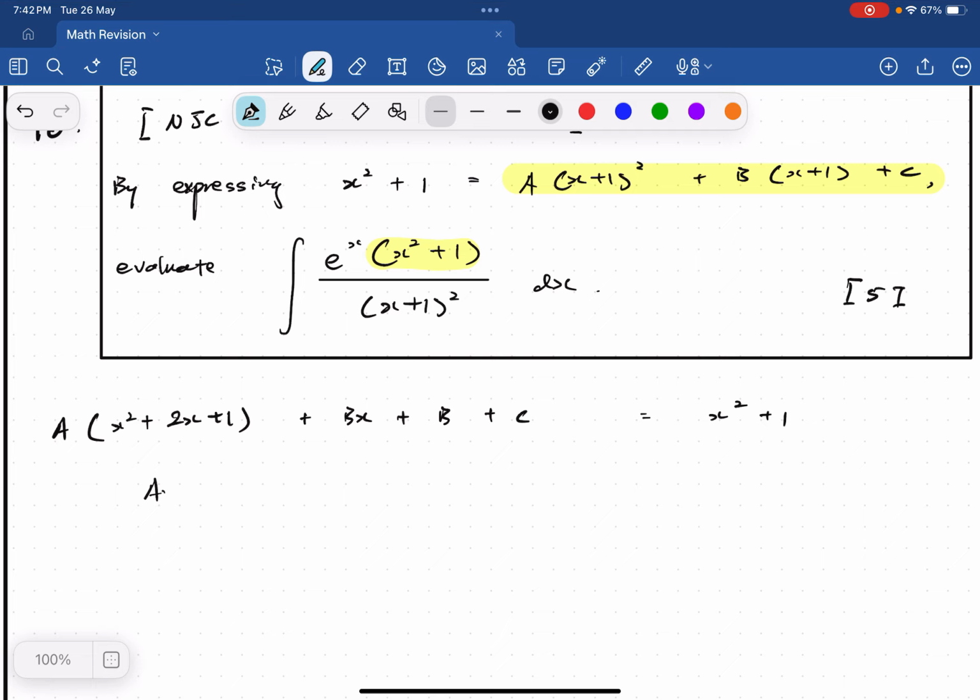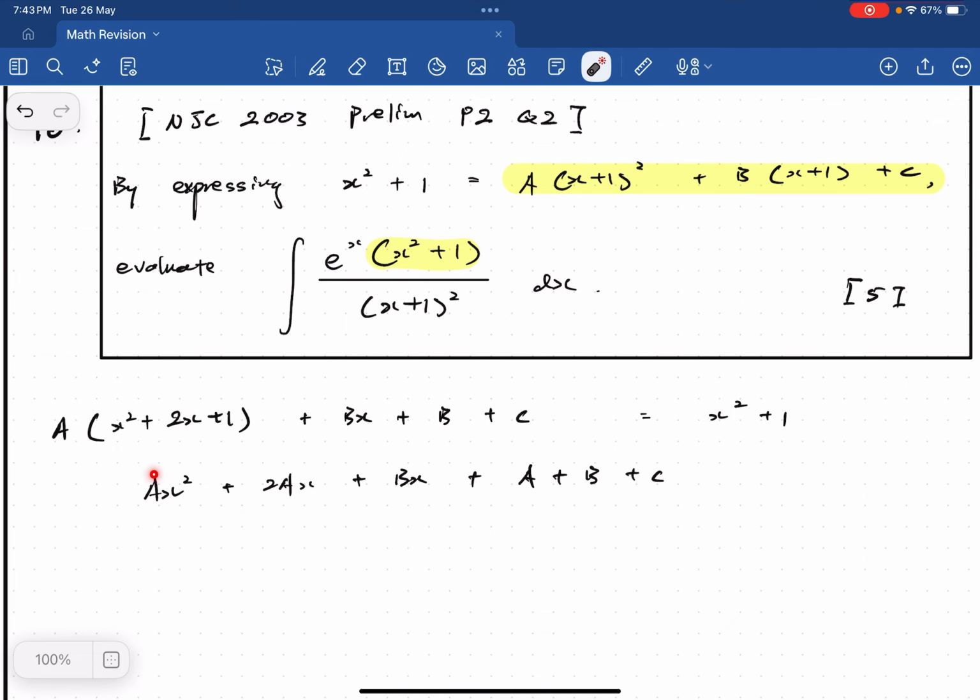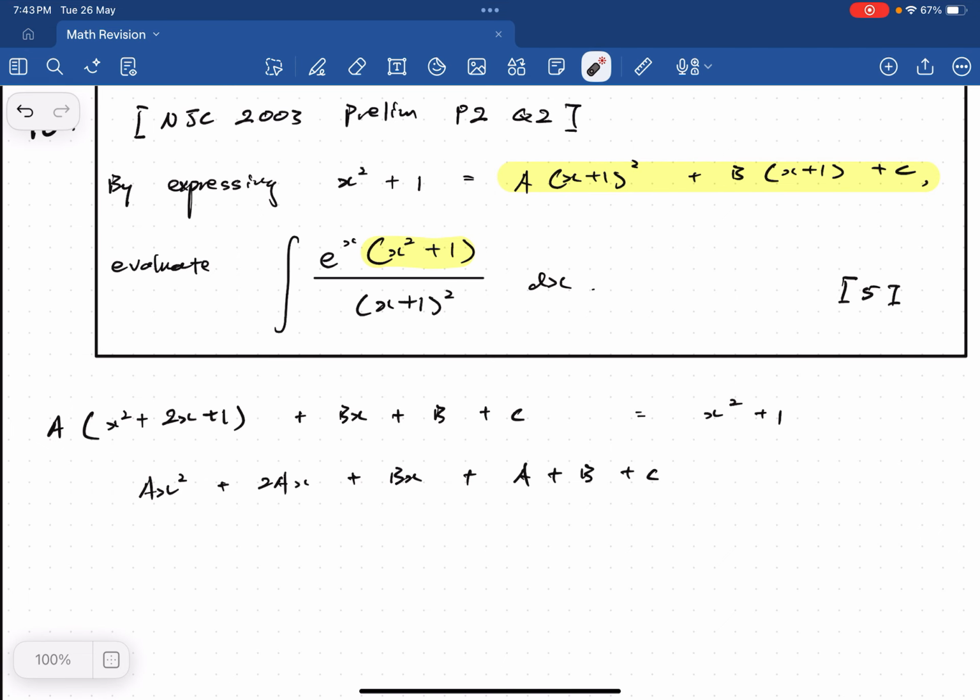And I can expand this further and start to compare coefficients, right? So you see that I have all the terms for x squared here. I have all the terms for x here. I have all the terms independent of x here.